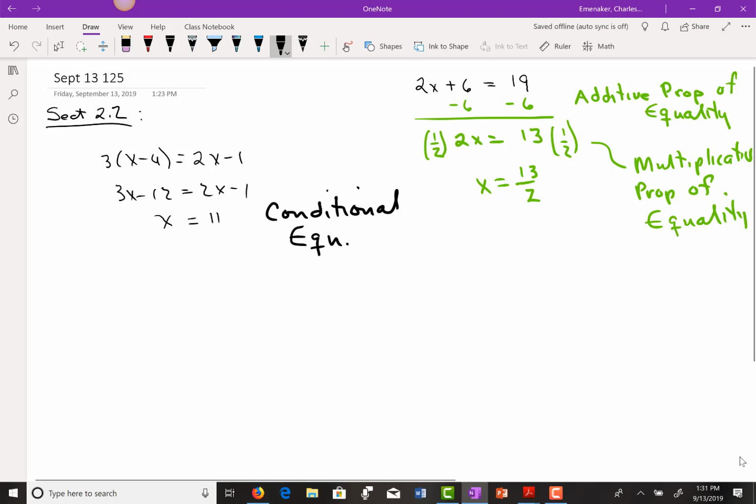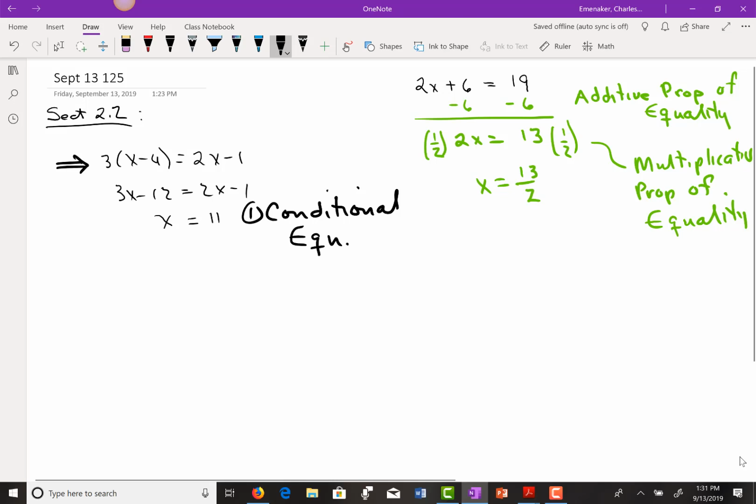It's only true if x equals 11. If x equals some other value, the equation two lines up is not true, is it? It's only true under one condition. There are 3 different types of equations. First type of equation, conditional equations.